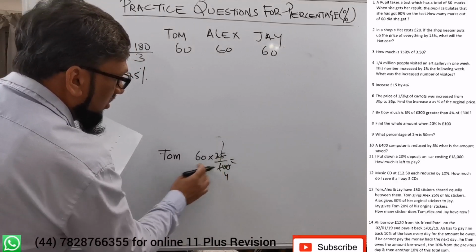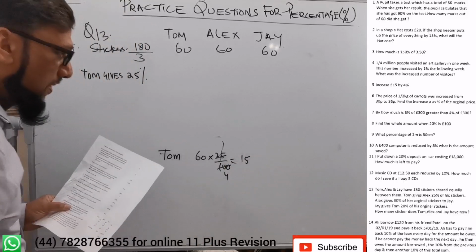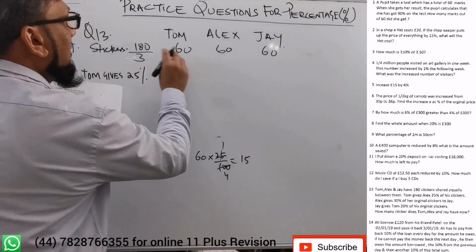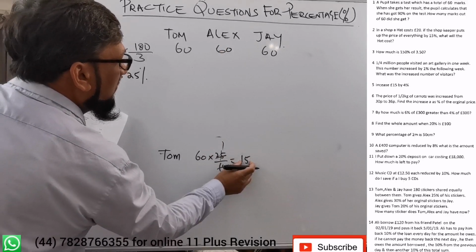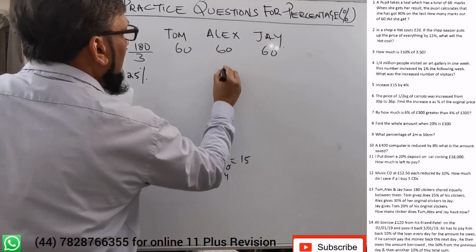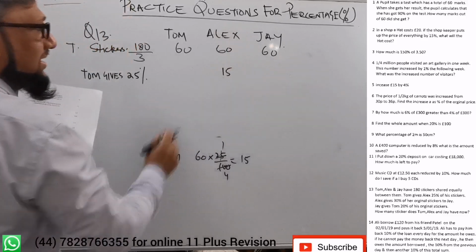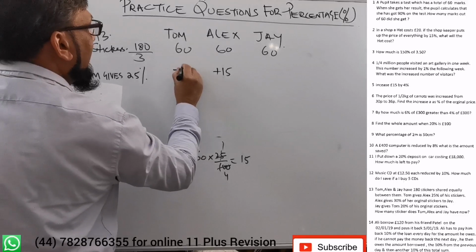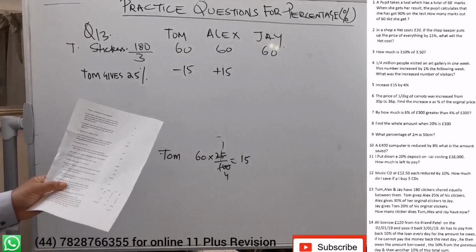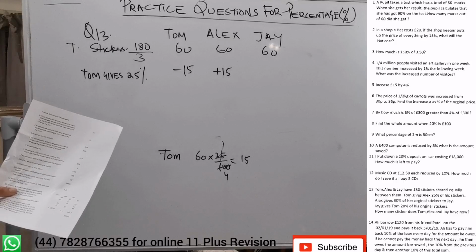So 1/4 of 60 is 15. So Tom gives Alex 25%, which is equal to 15 stickers. So Alex is getting 15 stickers from Tom, and 15 is to be subtracted from Tom.